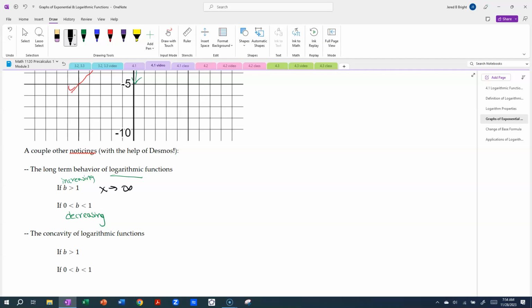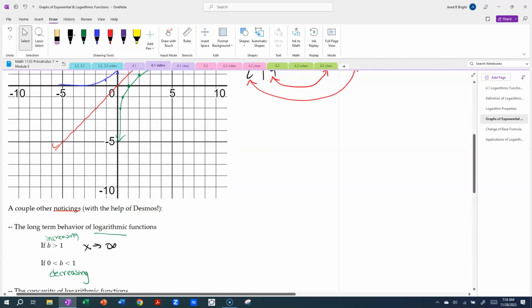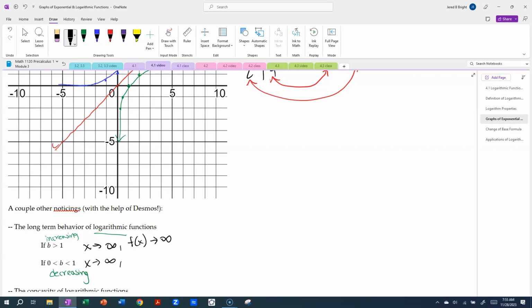We can't go to negative infinity because we have an asymptote. As x goes to infinity, what happens to each of the y values? We'd have f of x in the case where b is greater than 1 going off to infinity because it would continue to increase. The y value would get larger in value positively.